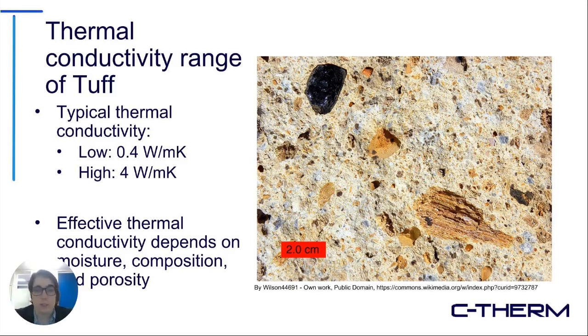Because the moisture level, composition, and porosity of this sort of material can vary so much, the thermal conductivity range can also vary by a relatively large amount. So it's very important for any kind of geological application that you test the local deposits' thermal properties, because the book values, if you look them up, have error bars and uncertainty levels that are quite high due to the inherent variability of geological materials.